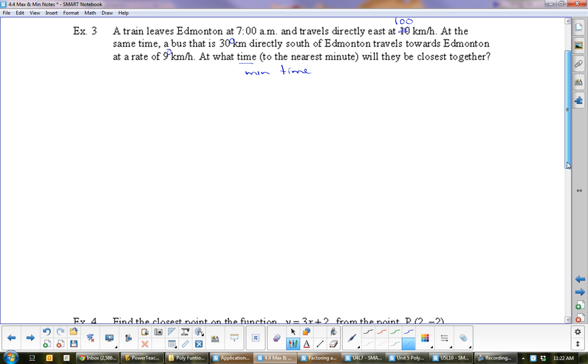Okay, so over here on the left side, let's call this Edmonton right here. We got a train leaving Edmonton, and it's going directly east.